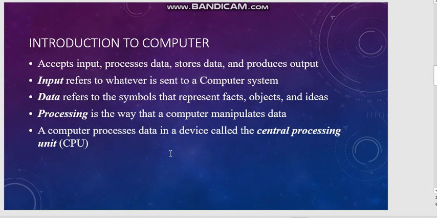For example, if we have data like Mohan, 1977, plus 752 minus 761, these are all data which do not have any meaning.